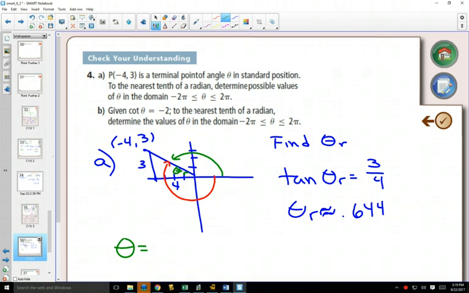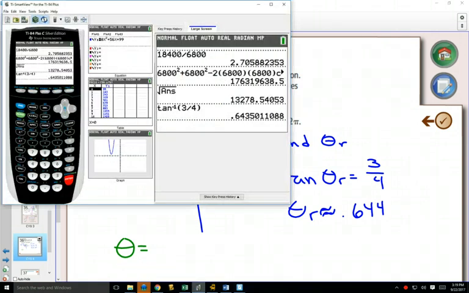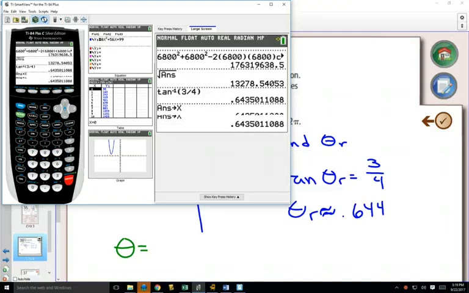So we go to our calculator, and I'm going to need that reference angle often. Something that's useful on your calculator is the store button, right above the on button. I often just store things as x because it's the easiest letter to find. So if I store that as x, every time you hit x, it will type that number.